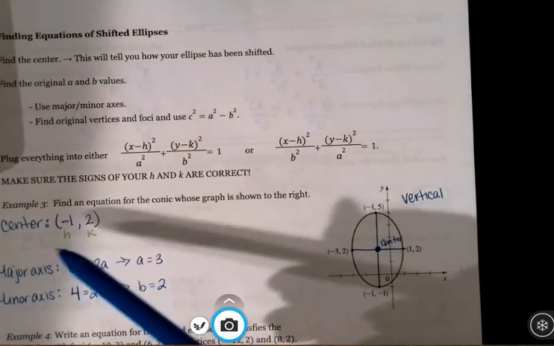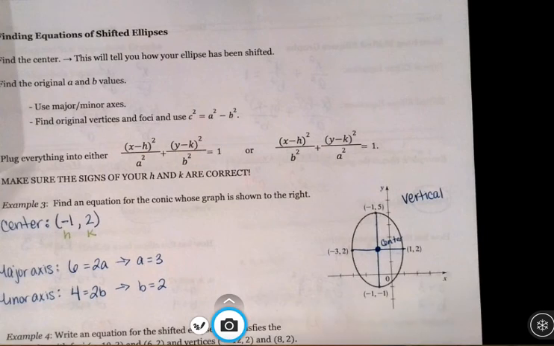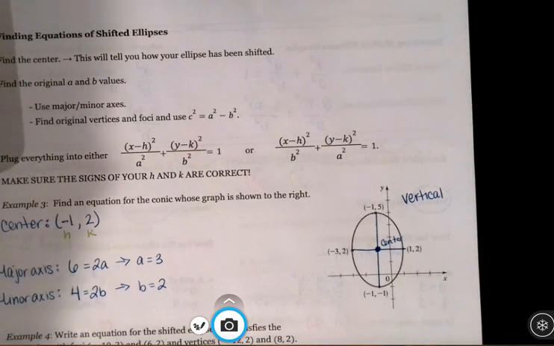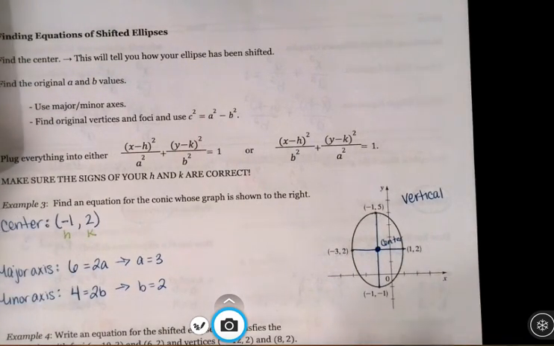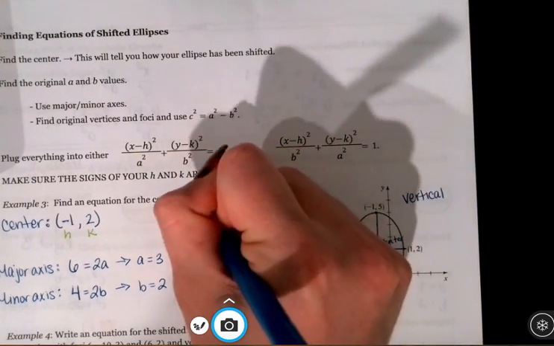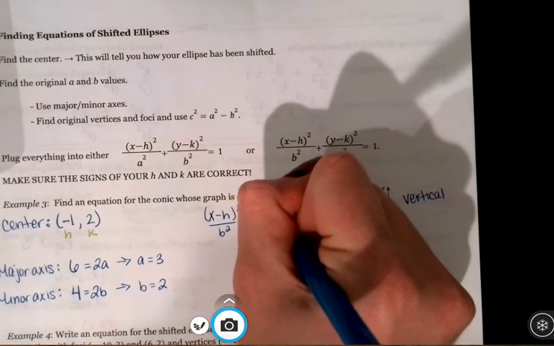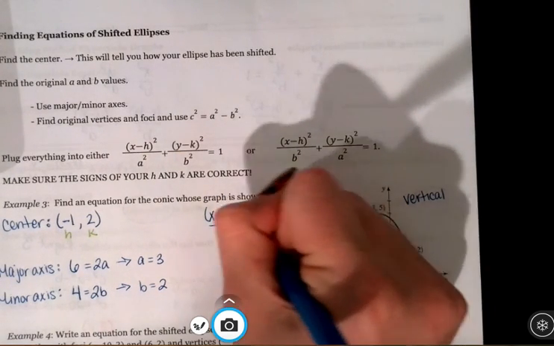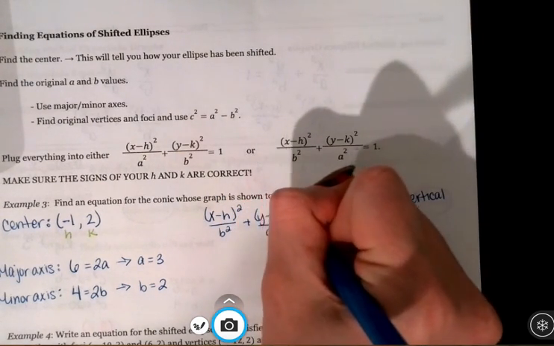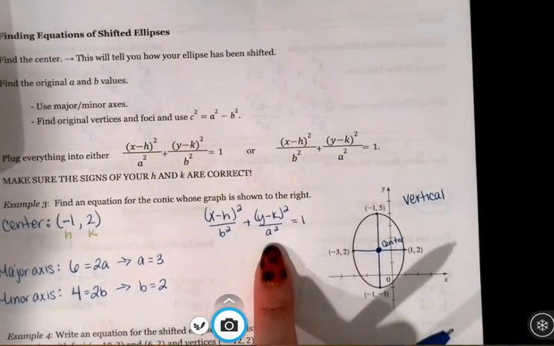Now that I have my h and my k, I have my a and my b, I can plug what I know into my template. And specifically for my vertical ellipse, I am going to be using this one. So I'm going to write the template down first, where my larger denominator, which is a squared, is under my y.